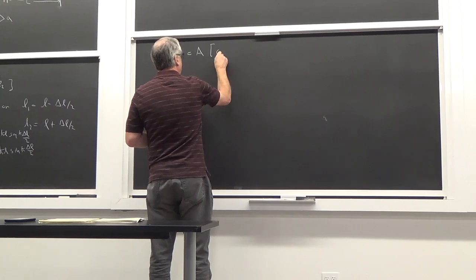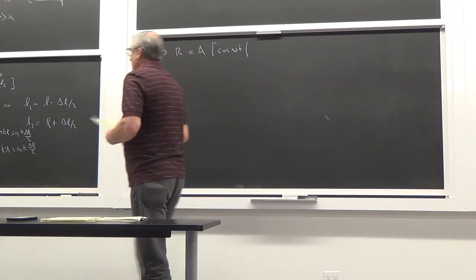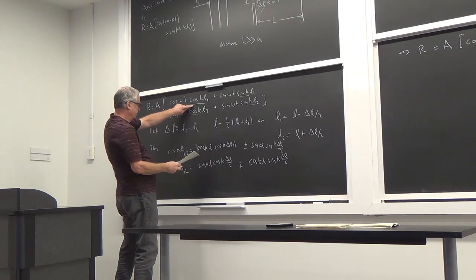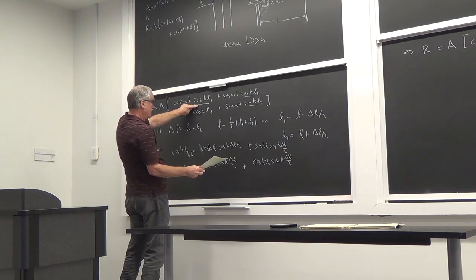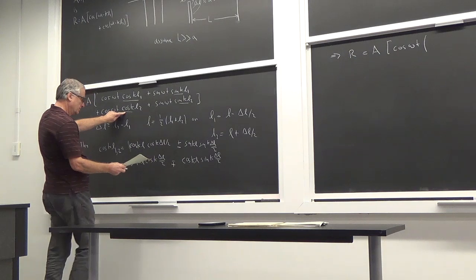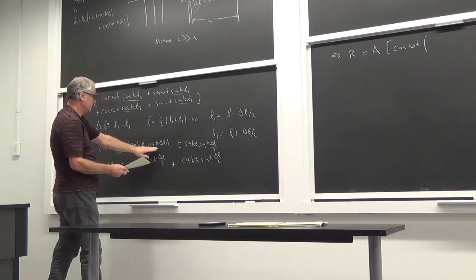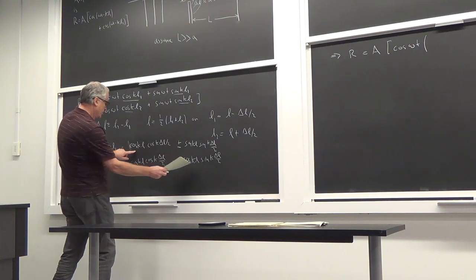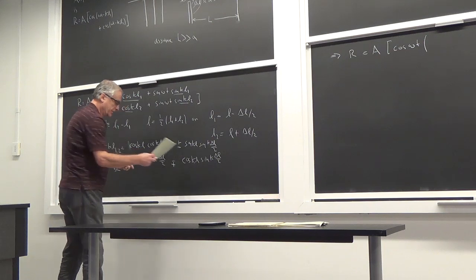So cosine omega t is going to have a cosine KL, cosine K delta L over 2, and then there's going to be another cosine KL from this one with a sine K delta L over 2.